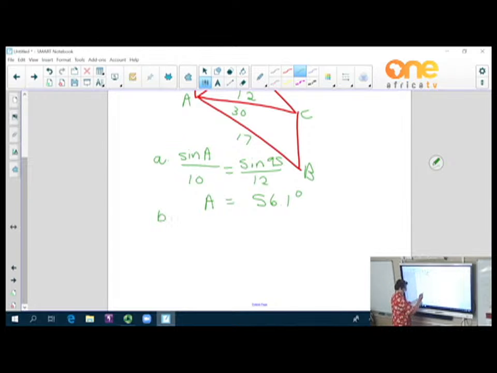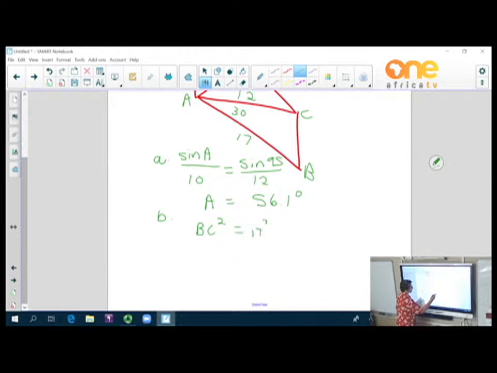Right, then B. Now we want to find BC. So this is this length that we need to find here. This is not a right angle triangle. So I'm going to want the third side, so I'm going to use the cosine rule.